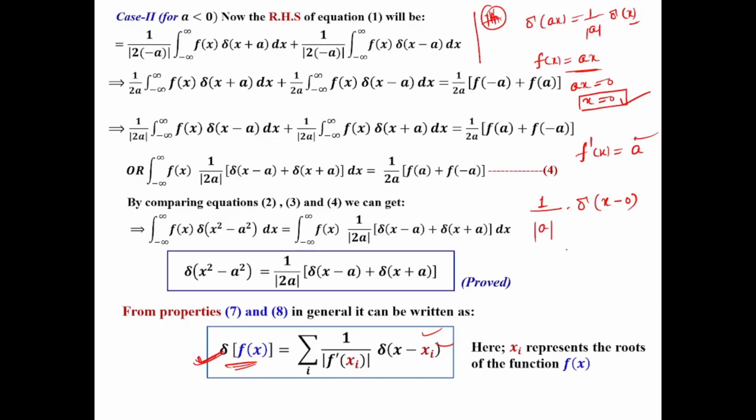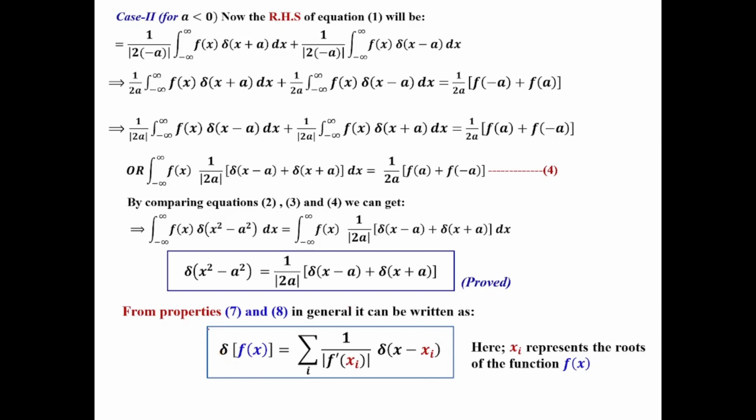So finally we get 1 by mod a delta(x), the result we proved in our previous video. So I suggest to all of you that you remember this expression, which is most important.